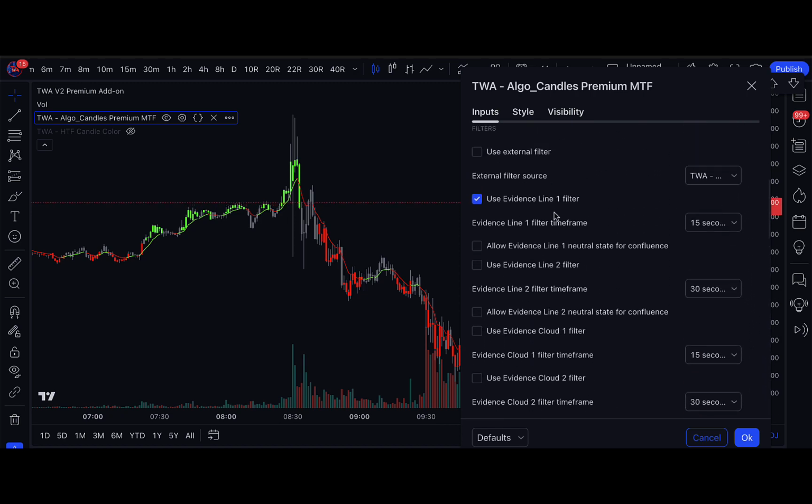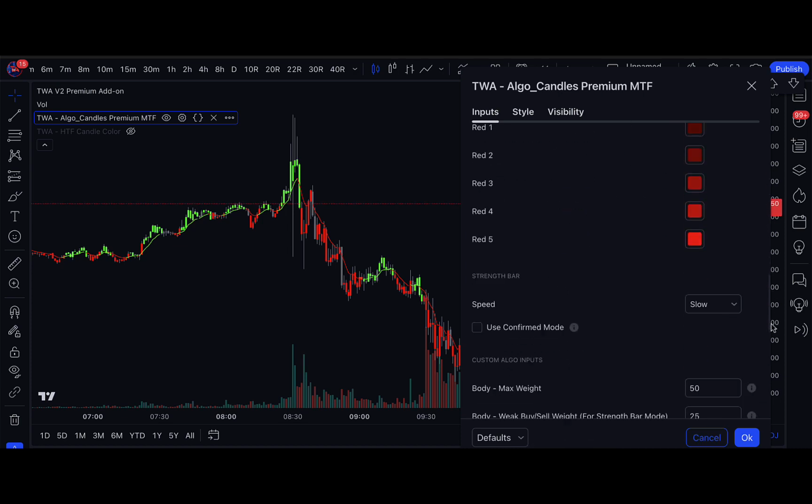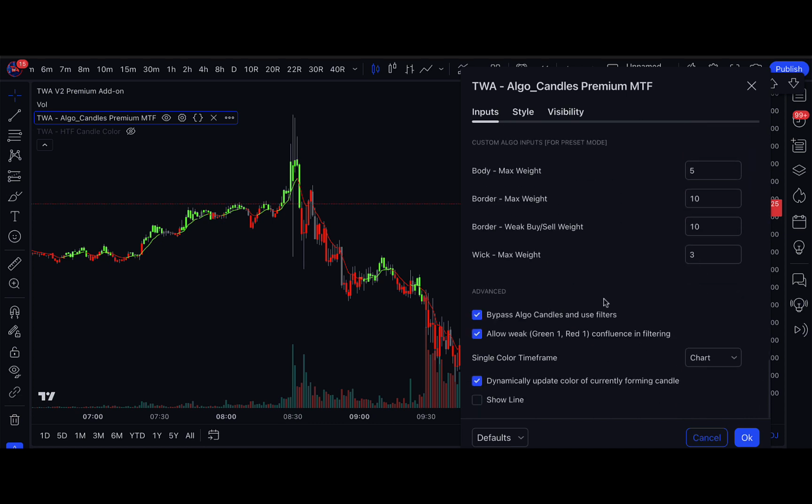So that means that when this is done loading, your candle coloring will only be based off the 15-second evidence line, because you bypassed everything else. So you could have filters of higher time frame on your chart, cloud on your chart, evidence line on your chart, and the combinations of those things make a candle coloring by itself. You can do that with the bypass function. All right.